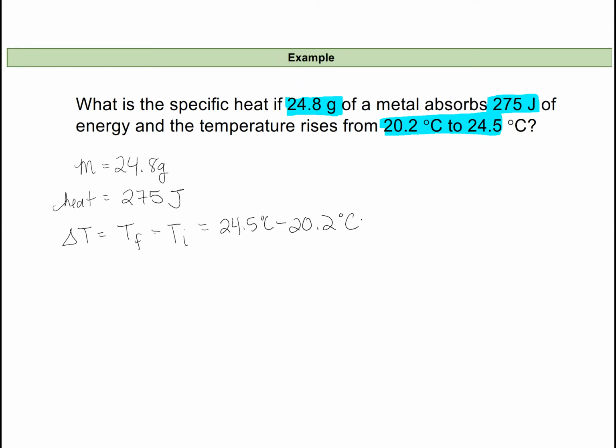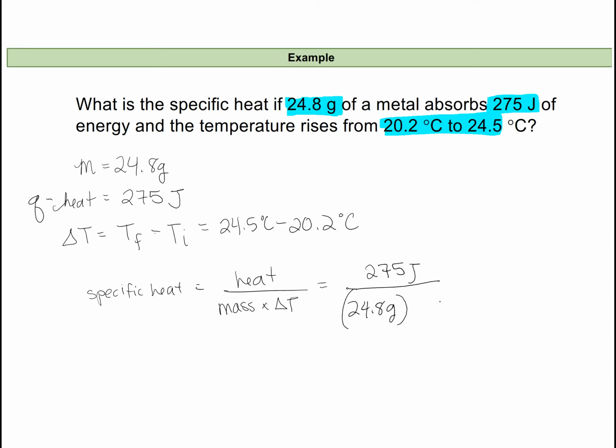So if this is Q, so if I wanted to calculate the specific heat, it would be equal to the heat that's measured divided by the mass times the change in temperature. So for us, this will equal 275 joules divided by 24.8 grams for our mass.